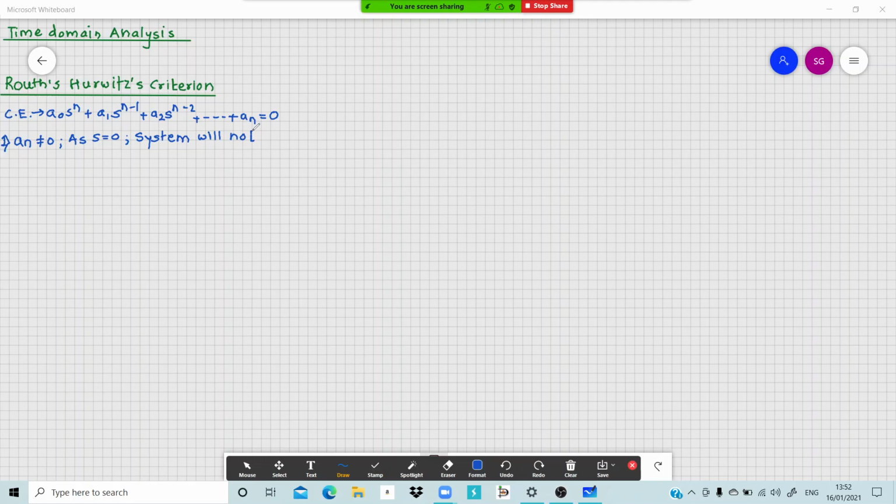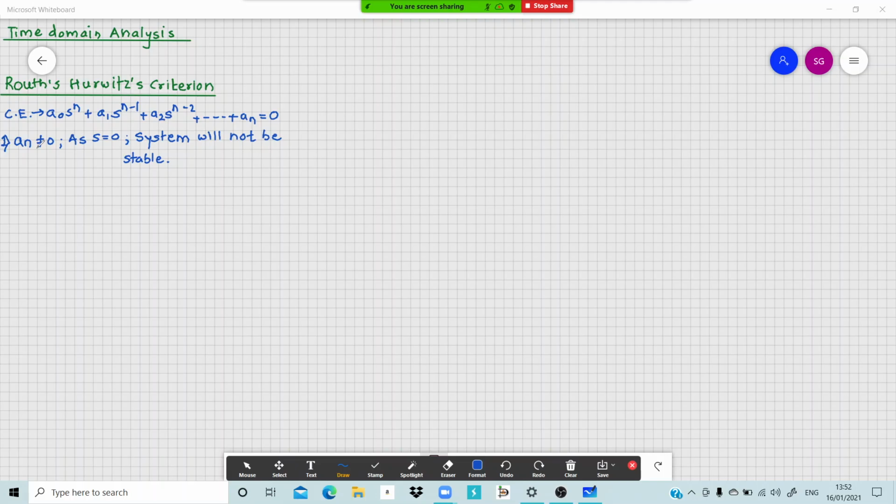Then two things are possible. If it is not stable, it can be unstable or it can be marginally stable. This s equal to 0 is telling that it can be marginally stable, but if any of the other poles are in RHP, then definitely it will be unstable.